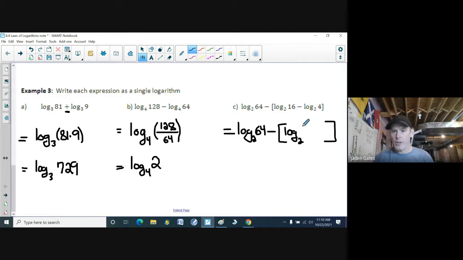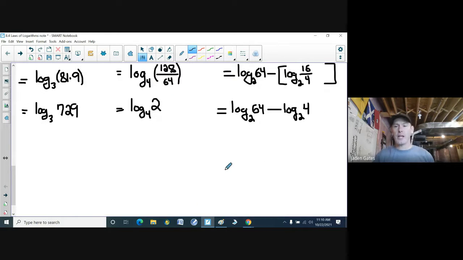The first number here, 16, is our numerator, and the denominator is going to be 4. So again, continually simplifying, I have the log with base 2 of 64, minus, I can simplify 16 divided by 4 is 4, so I have the log base 2 of 4.